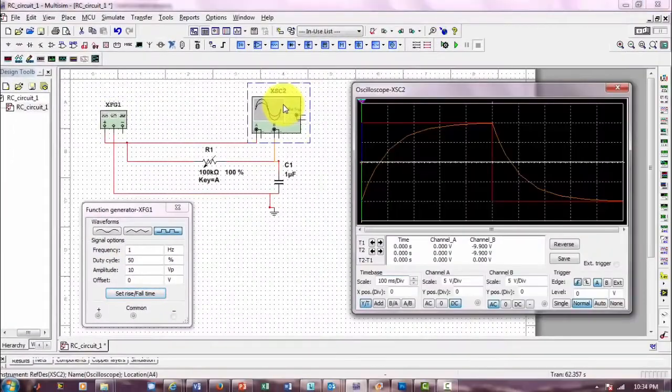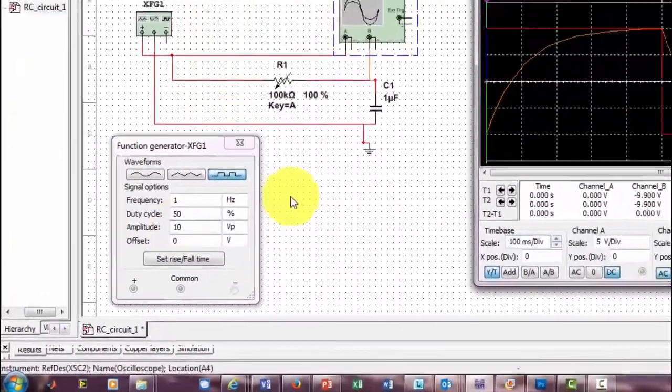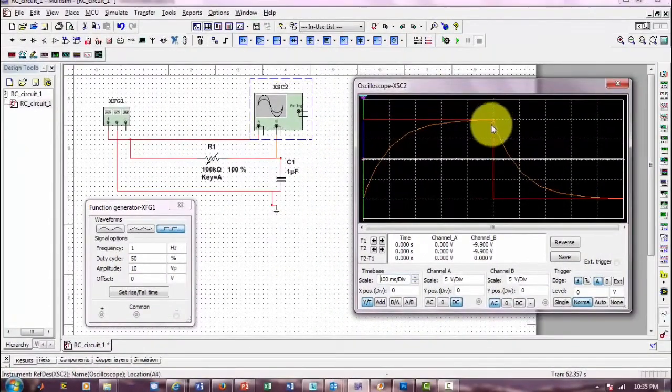Okay, let me click on this oscilloscope here. The oscilloscope shows the one in red, which is our square wave. A 50% duty cycle implies that it's 50% high at 10 volts, since this has an amplitude of 10 volts, and it decreases to a low at minus 10 volts.